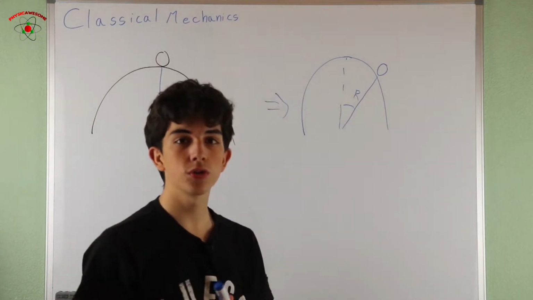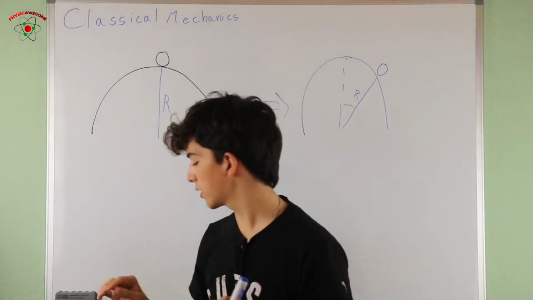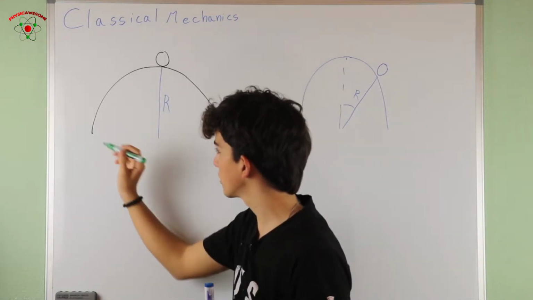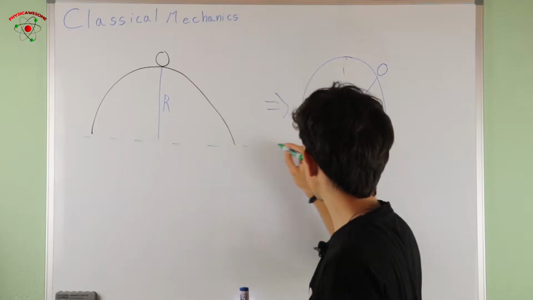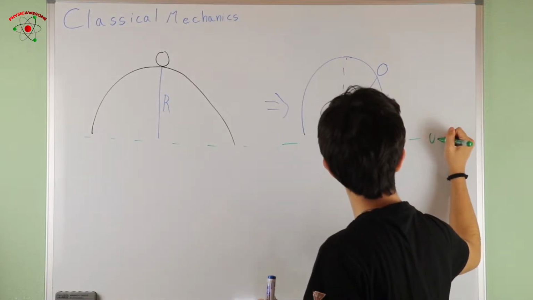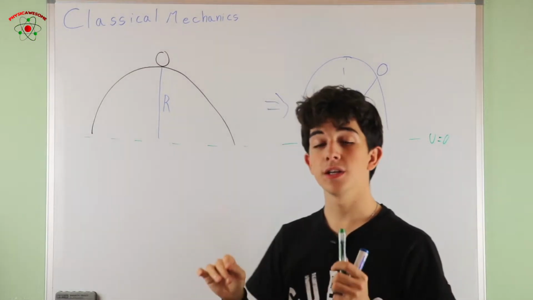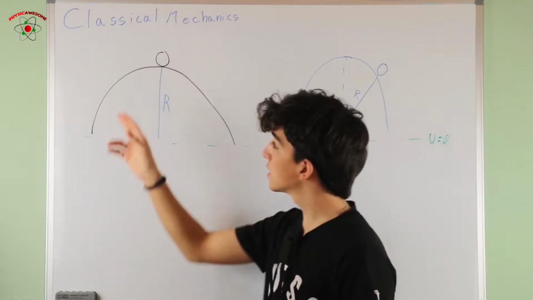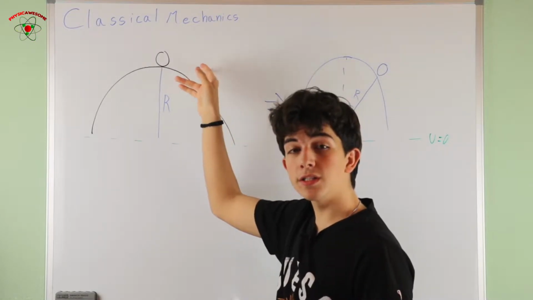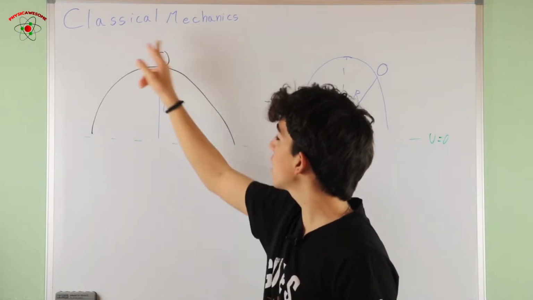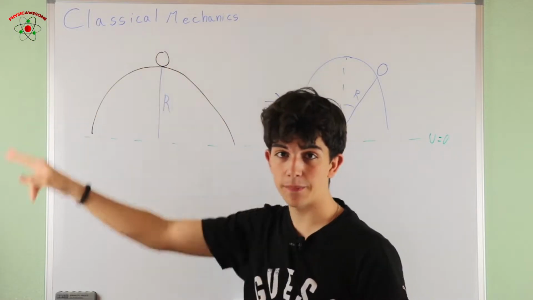We are going to choose our potential zero energy point to be this one. Note that as we are considering gravity near the surface of the Earth, this is the potential energy graph. This is a graph of the potential energy.